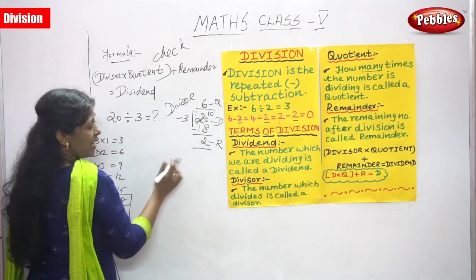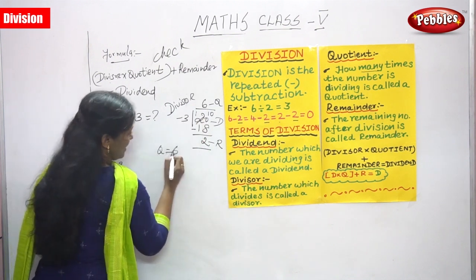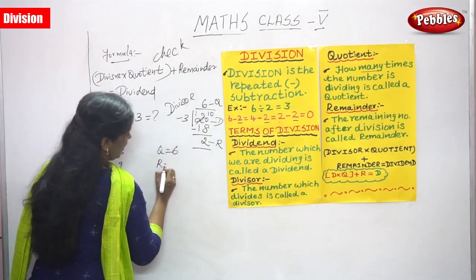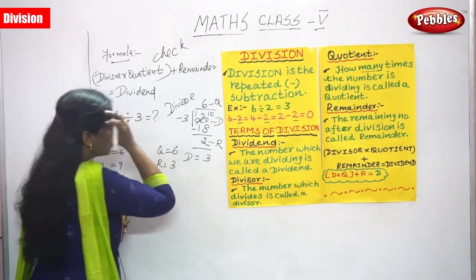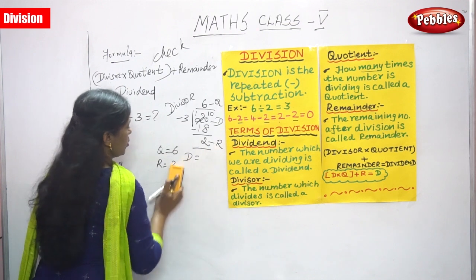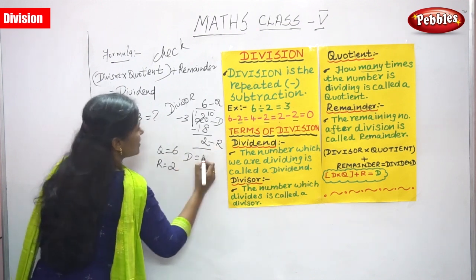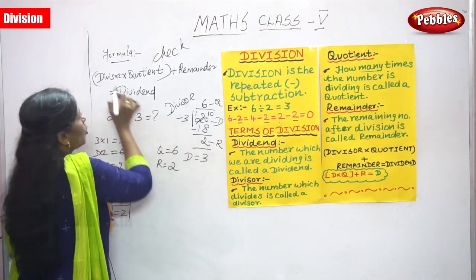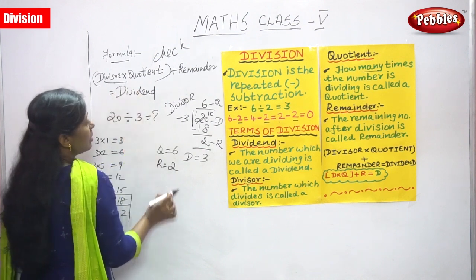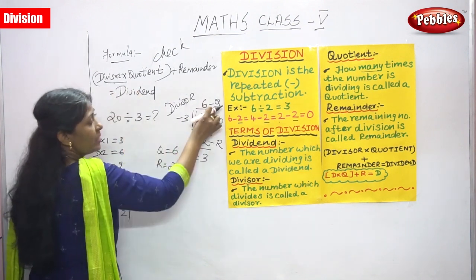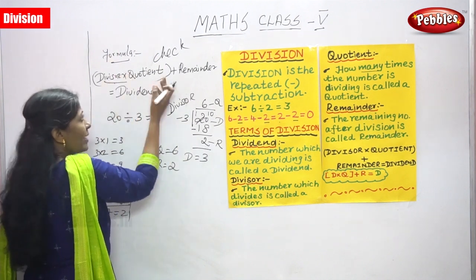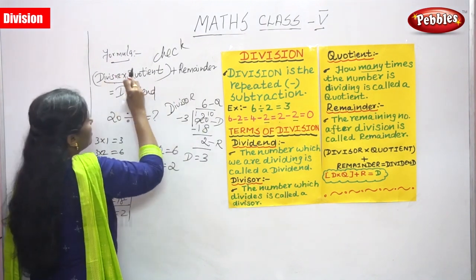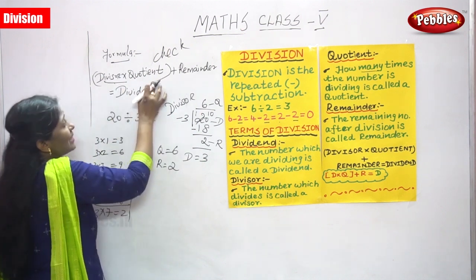Whatever the answer, the quotient in this sum is 6, the remainder is 2 and the divisor is 3. Whether the quotient you find is right or wrong, you have to apply the checking method.